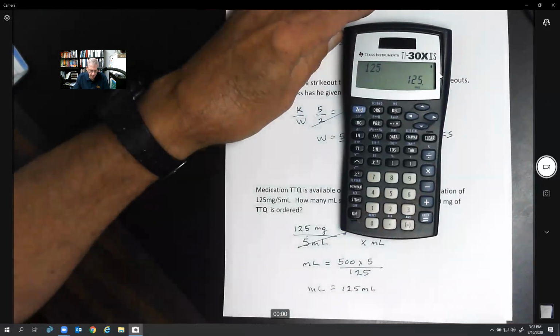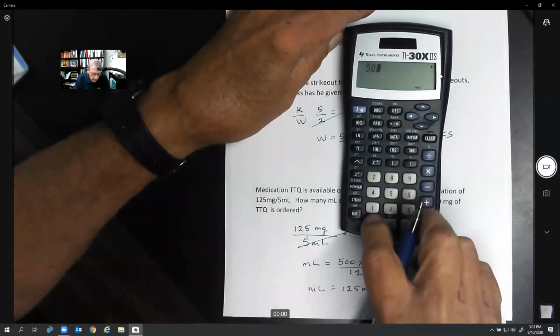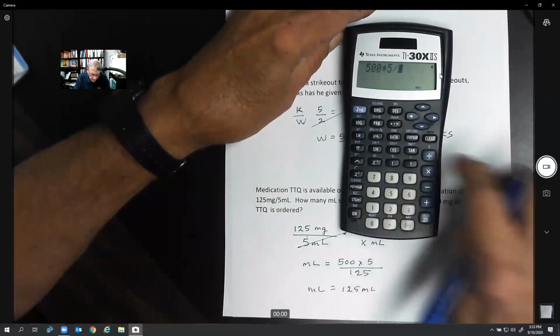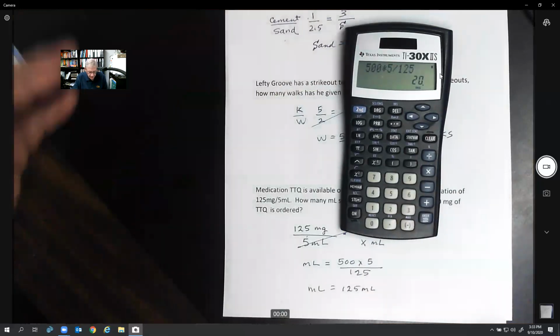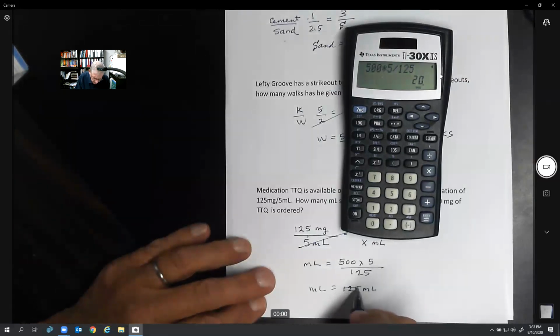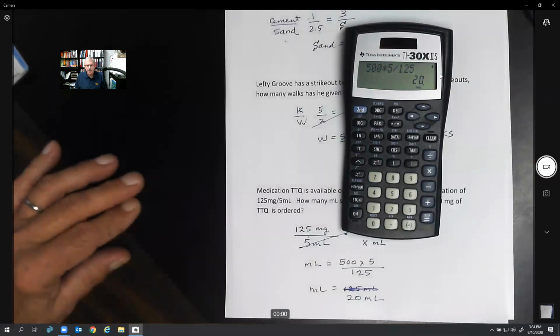Let's double check our math here. 500 times 5 divide by 125. 20. See, that's why it's always good to double check your work. I thought the answer seemed kind of high, so even though I'm using the calculator, I might have given this patient the wrong dosage, and that could be terrible.